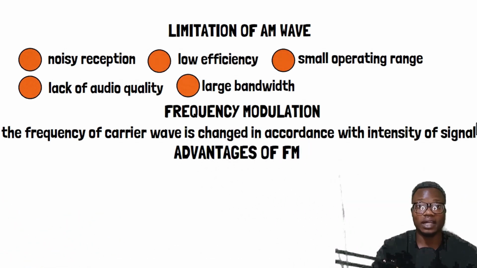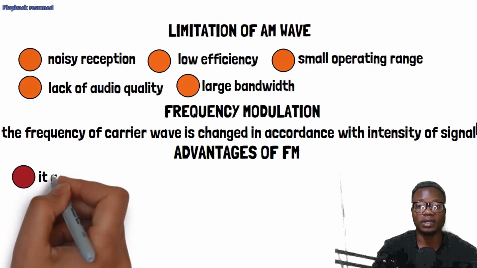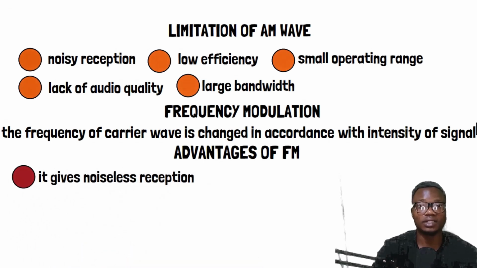So let us see the advantages of FM. What advantages are there in using FM? This is why most people prefer frequency modulation to amplitude modulation. There are advantages of using FM. First of all, it gives noiseless reception.